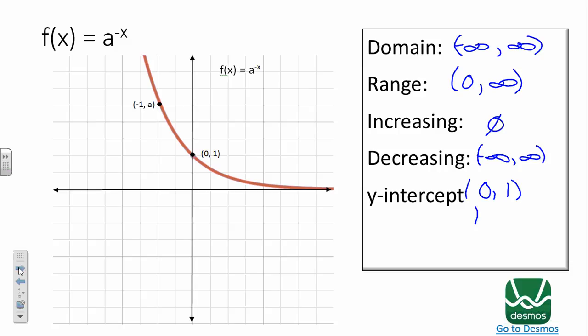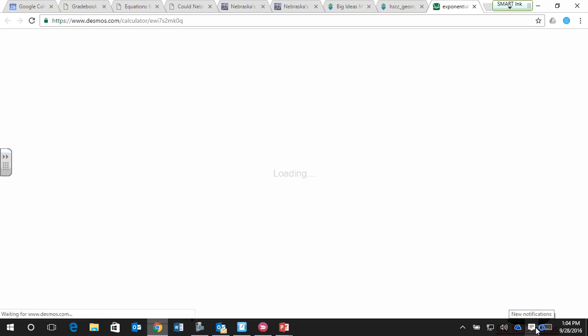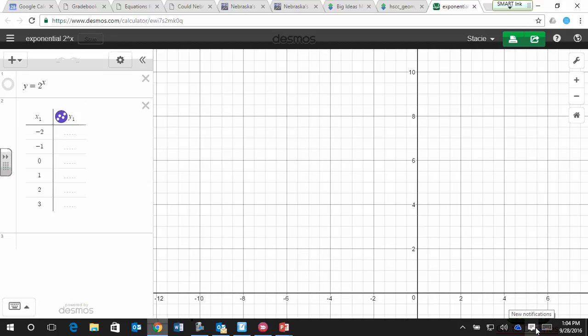Okay? Now, let's look at this and see what happens. Let's plug in some numbers. So here is an exponential function: y equals 2 to the x. When I plug in -2, what's my y going to be?